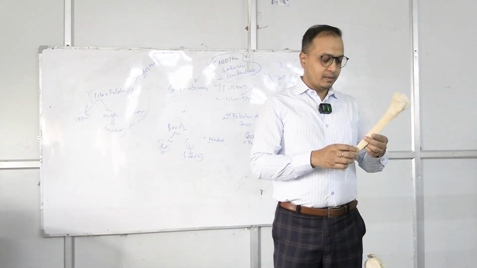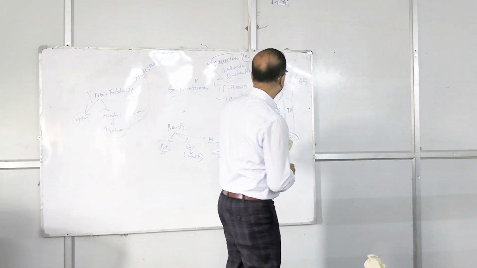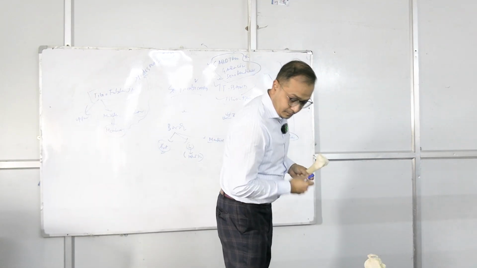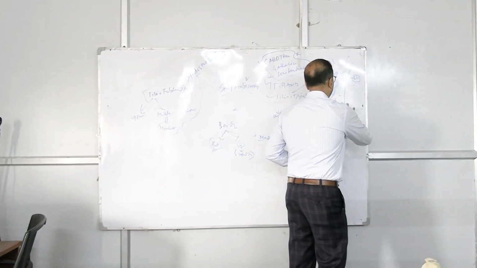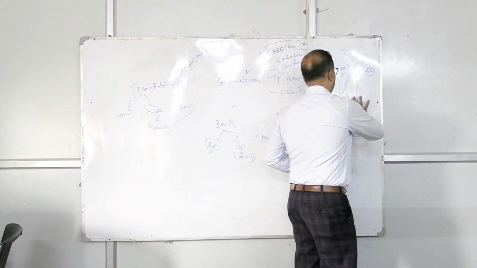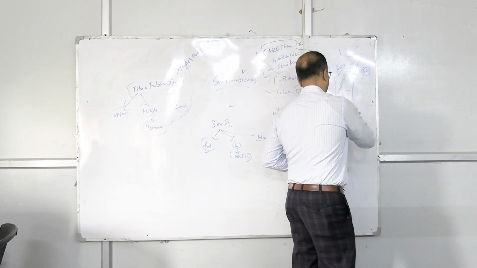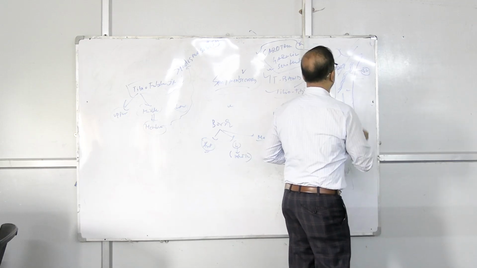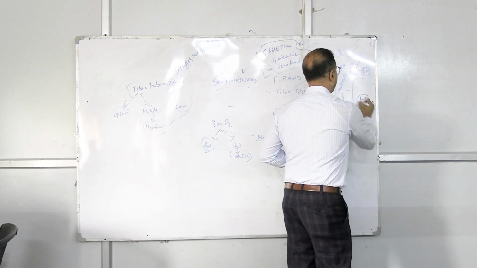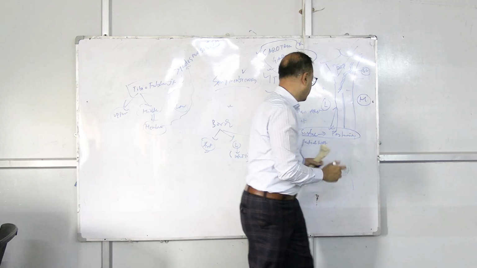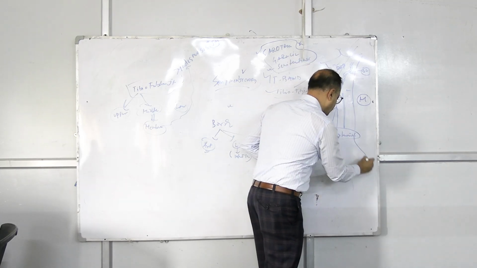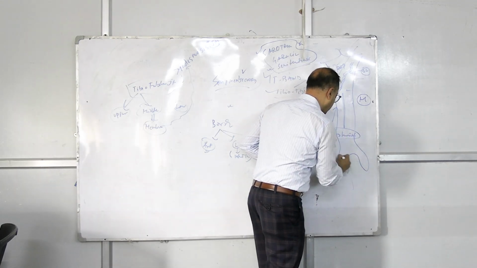We have these muscles, and we have to mention medial and lateral sides. If it is the medial side, the medial malleolus will be there.